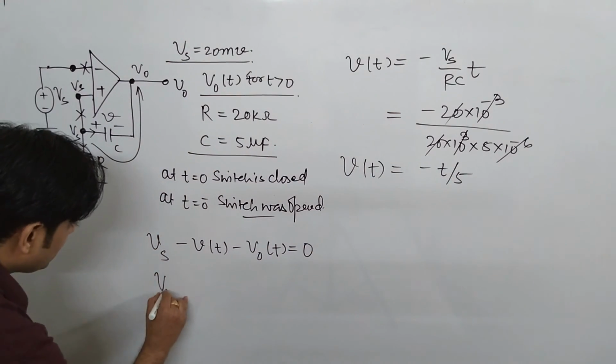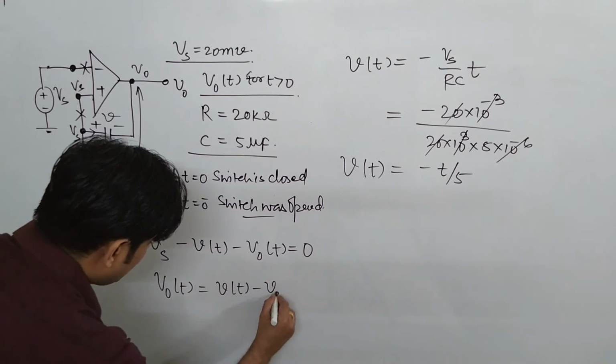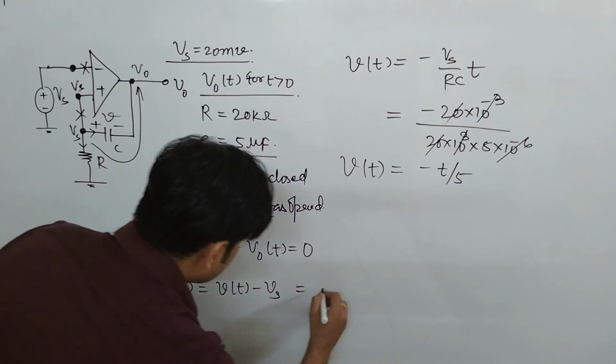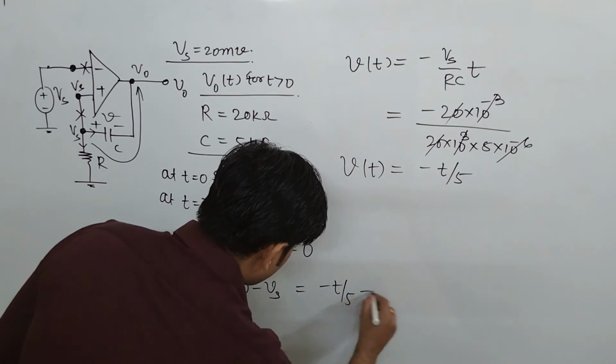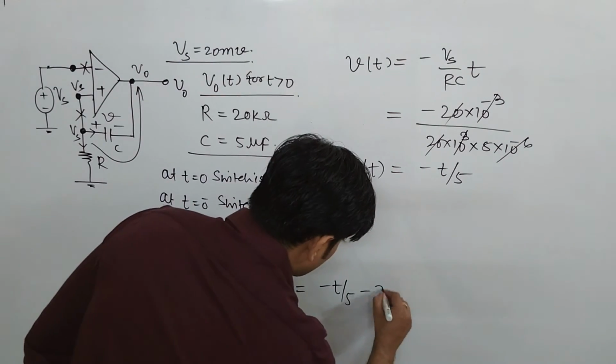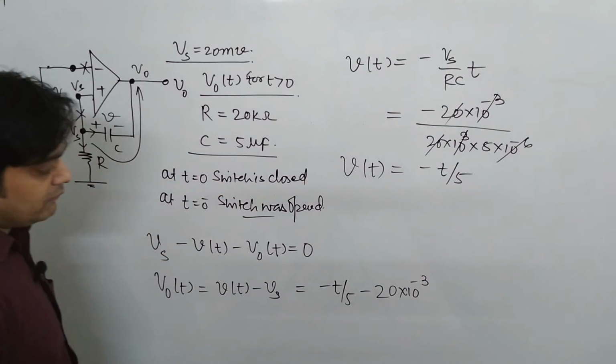So from here, the value of V0(t) comes to be Vs minus V(t), where V(t) is minus t by 5 and the value of Vs is 20 into 10 to the power minus 3, in millivolt.